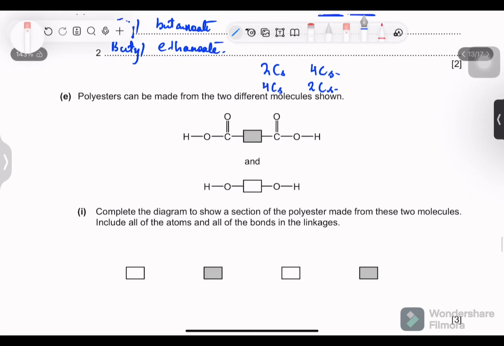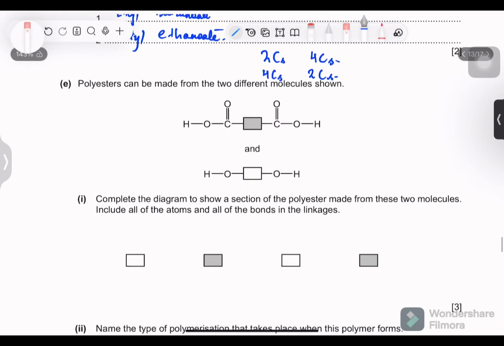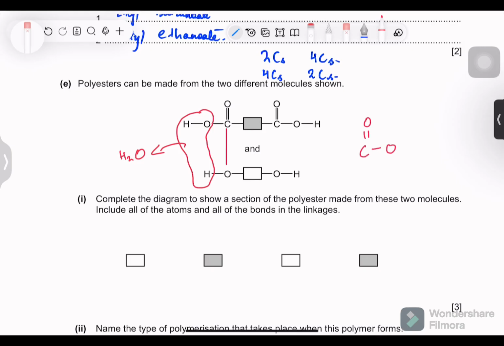Polyesters can be made from the two different molecules shown. Complete the diagram to show a section of the polyester made from these two molecules. So an ester bond is formed when the OH from the acid group and the H from the alcohol group are eliminated to form a water molecule, and these two directly join, and the ester bond is formed.